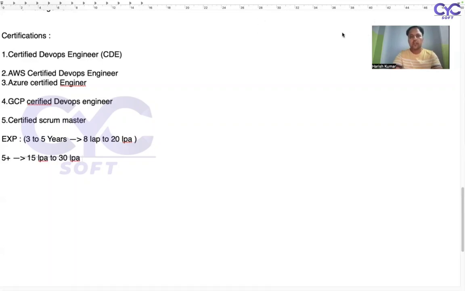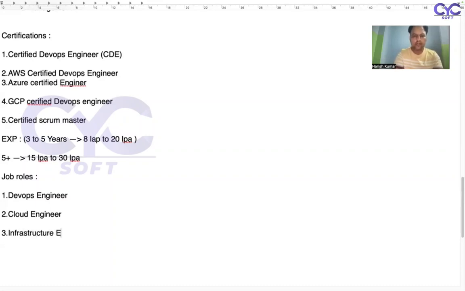Okay, now next we are going with job roles. What kind of job roles do you have in DevOps? The first one is DevOps Engineer. The second one is Cloud Engineer. Third, Infrastructure Engineer.